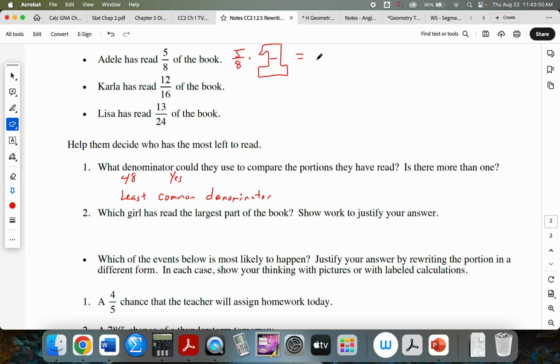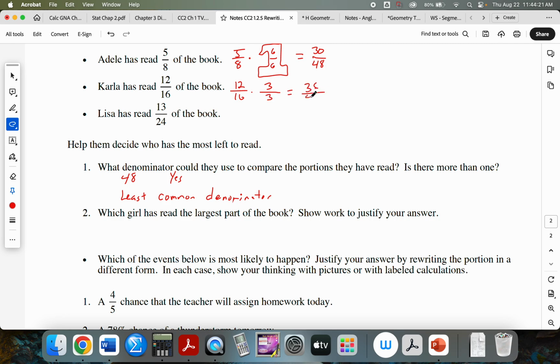All right. So what do I need to multiply this by? What form of 1 in order to get this to be over 48? 6 over 6. So that's 30 out of 48. And for the 12/16ths, and I'm not going to write the 1 around it, what over what? 3 over 3.